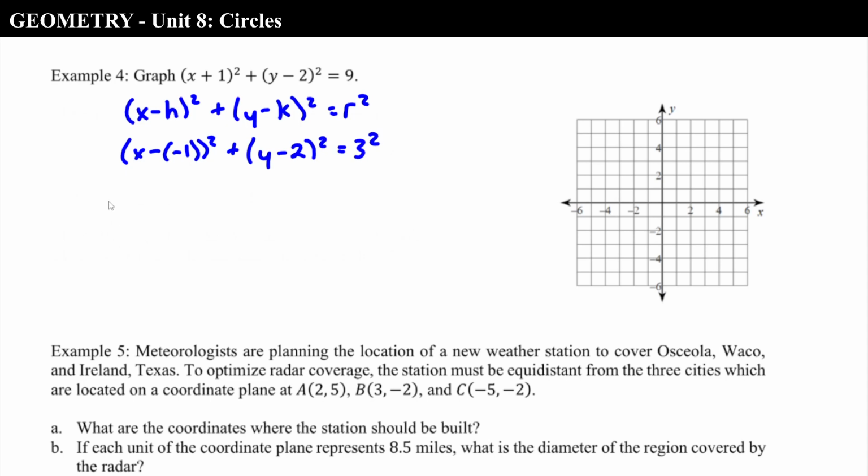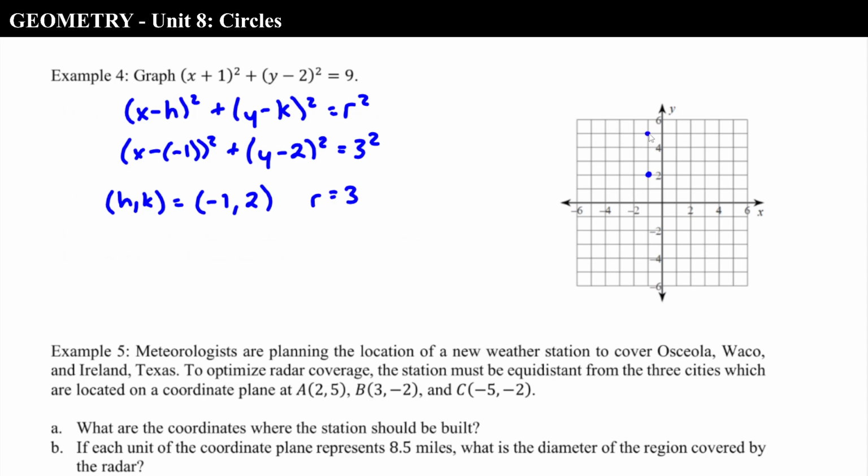So here, our h and our k are going to be -1, 2, and our radius is going to be 3. So we start by plotting the center of our circle, -1, 2, which would go right here. Then we're going to use our radius to plot the points going up.